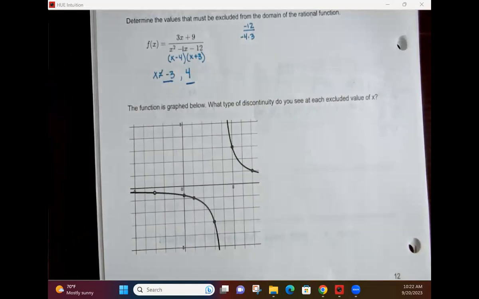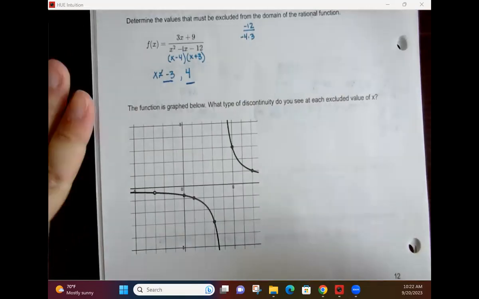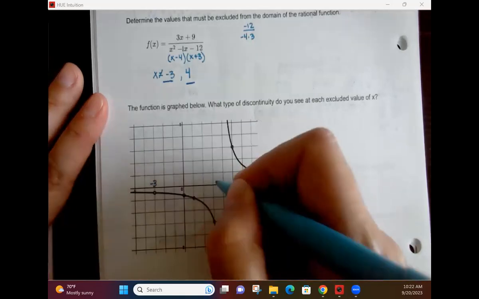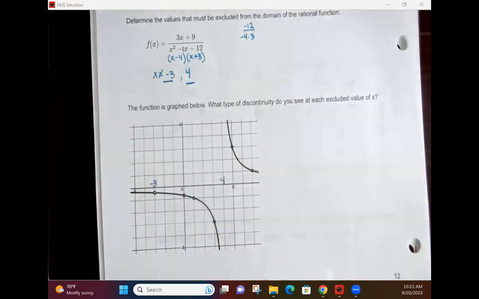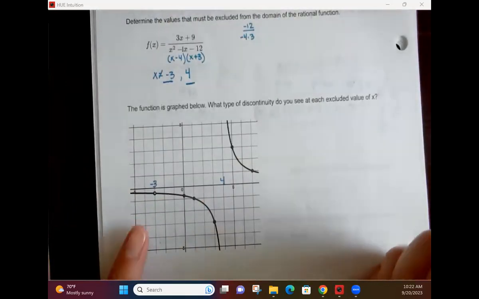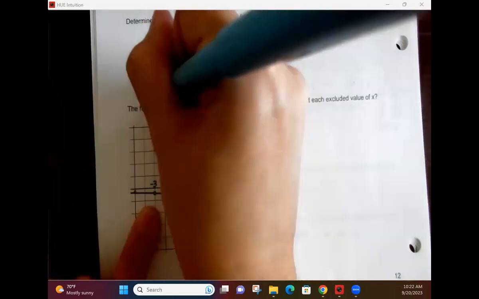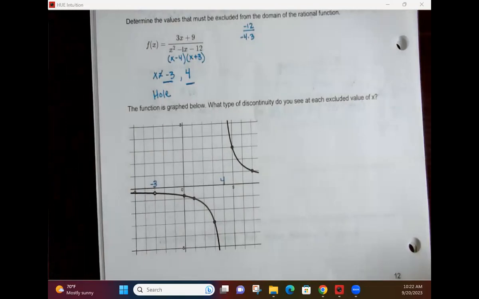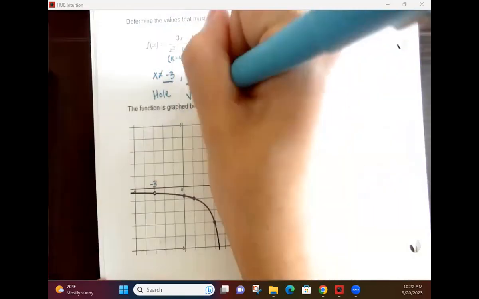I cannot include -3 or 4 in the domain. So when x is -3 and when x is 4, I can see some of these discontinuities on my graph. When x is -3, what do we have? A hole. When x is 4, what do we have? A vertical asymptote. Good.